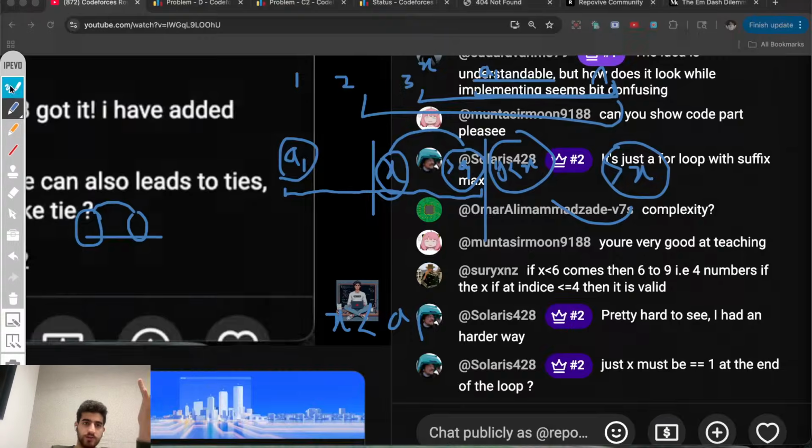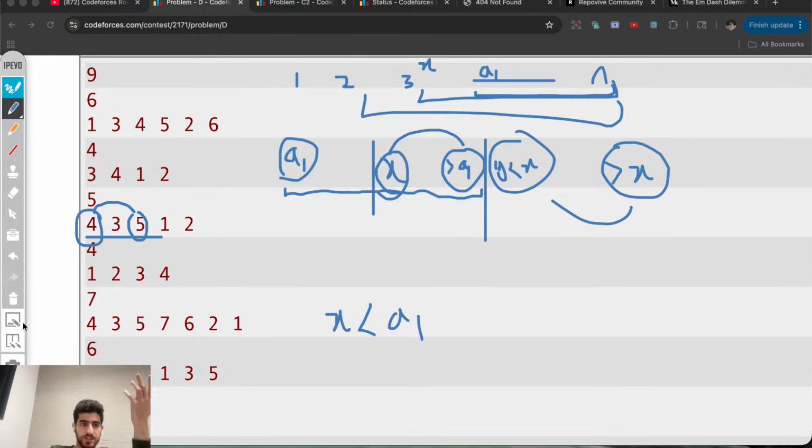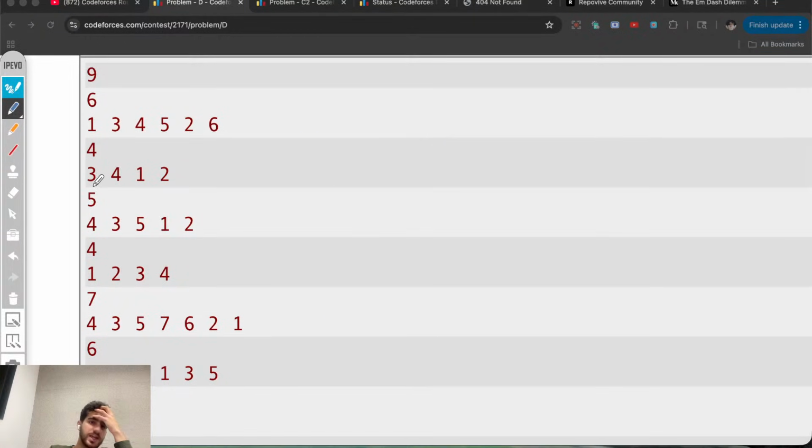Let me show you on an example as well. At the end, we should just consider this: if there is some prefix such that everything in this prefix is greater than everything in this suffix. If that exists, then the answer is no. Also in here, we see that this prefix, all of them are greater than this suffix.